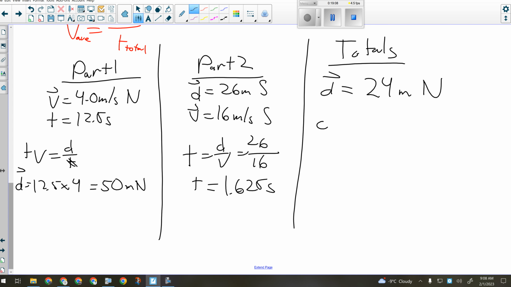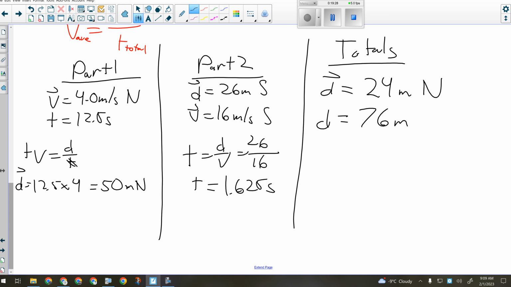What's my total distance traveled? 76, because I went 50, then 26, 76 meters. That's scalar, so I don't put a direction on it.